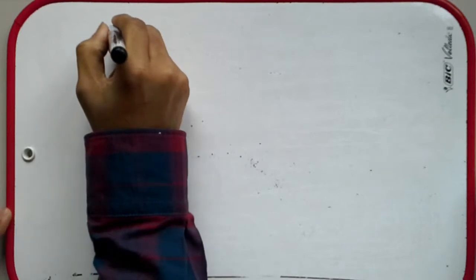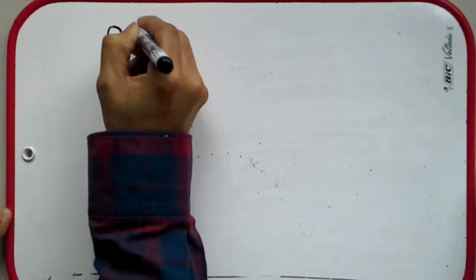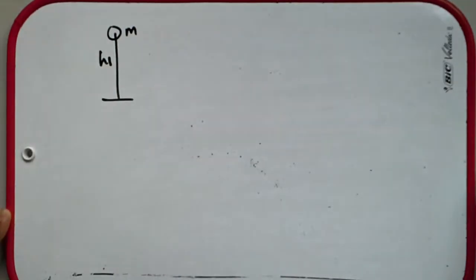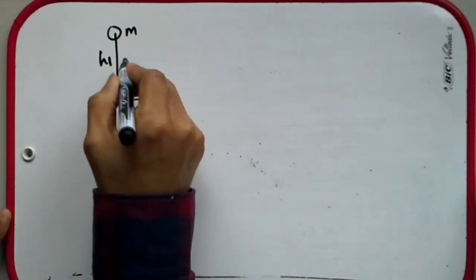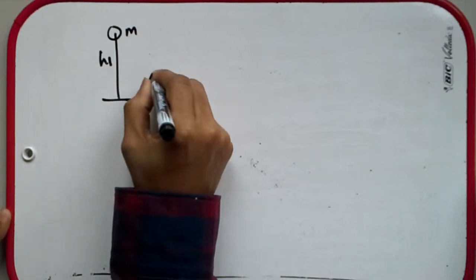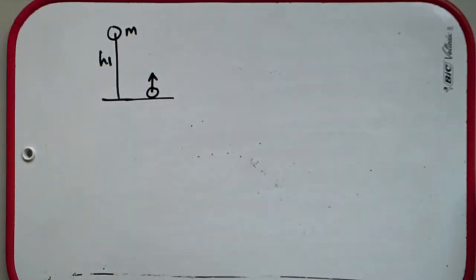Okay, hi guys. So let's move to the next problem. This time you drop a mass m from a height h1. So this ball hits the ground and bounces back. Okay.